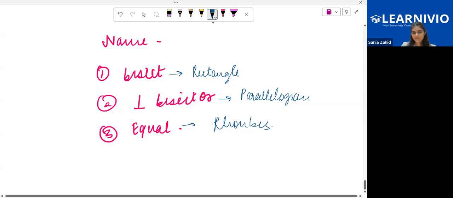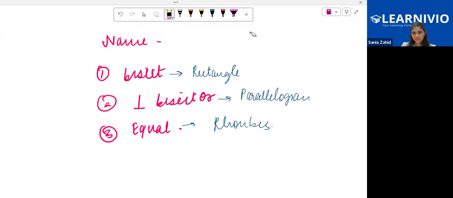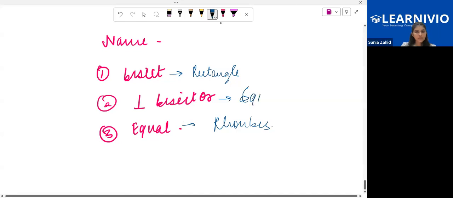No ma'am, in the perpendicular bisector, not parallelogram. In perpendicular bisector, we have square. What do you have in perpendicular bisector? 90 degrees. Name the quadrilateral. Square. Okay, and equal?